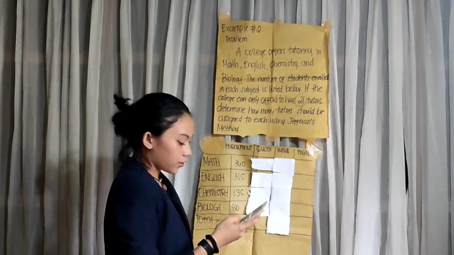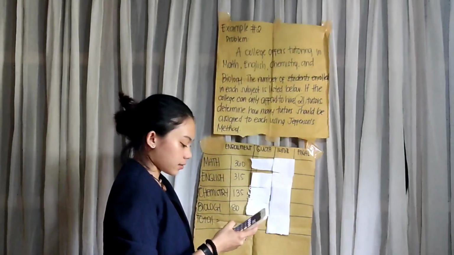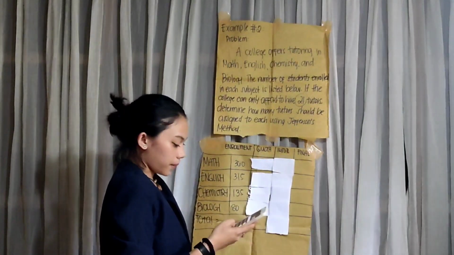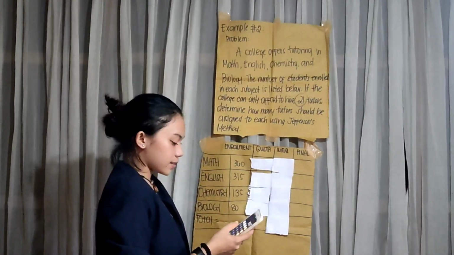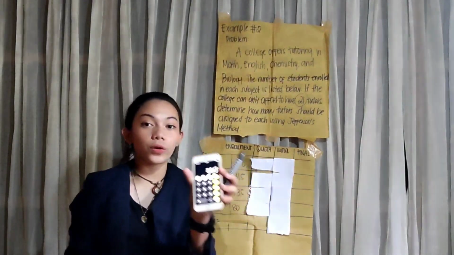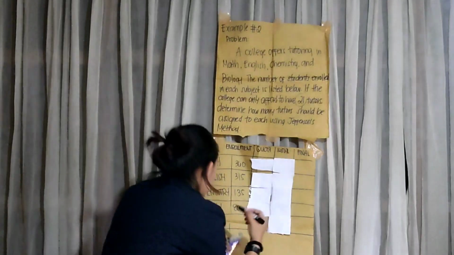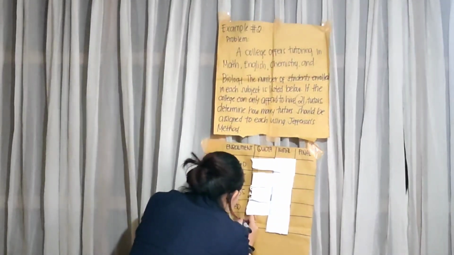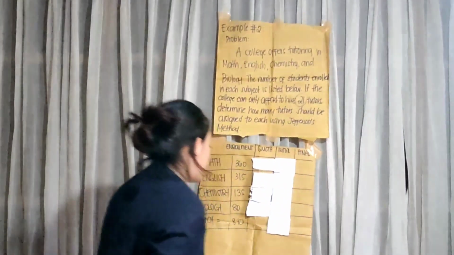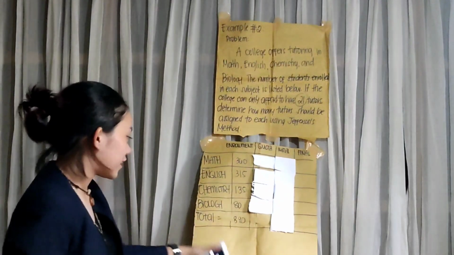So 360 plus 315 plus 135 plus 80 is equal to 890.